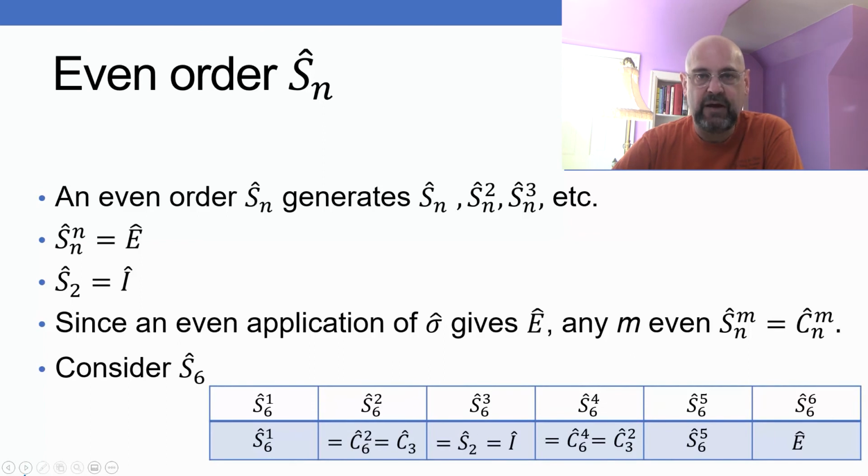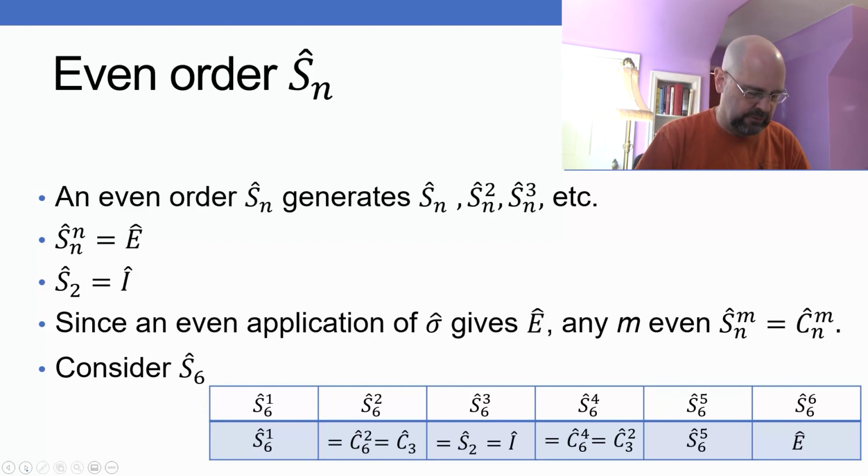But if I apply it a second time, I get C3. The third time, I get S2, which is equal to i, and so on until the end. So if I have an even order S axis, I will need to generate some of these additional elements.